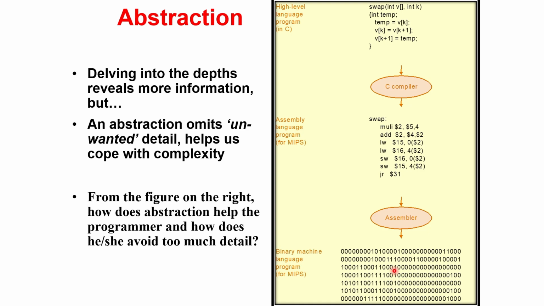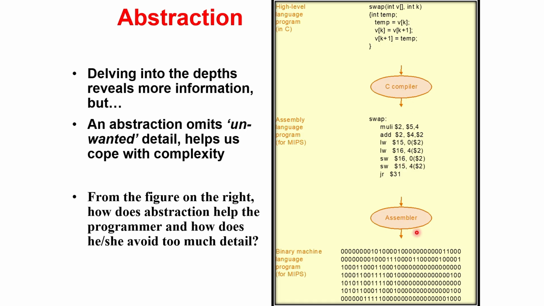So how does abstraction help the programmer? The programmer can write in C without needing to know the specific assembly instructions or the binary patterns. So the compiler and the assembler handle the translation automatically.